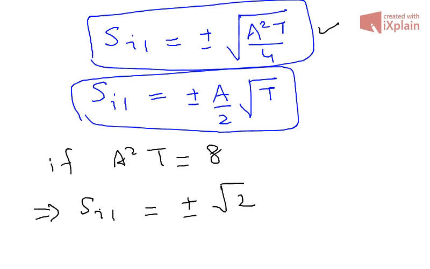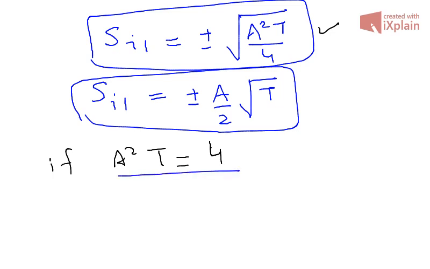Or instead of taking it equal to 8, let me take it equal to 4, which is the typical case. Suppose A square T is equal to 4.